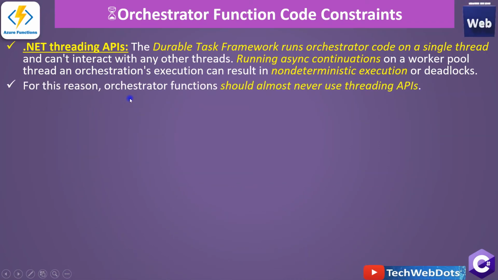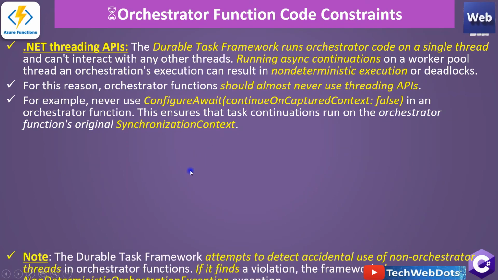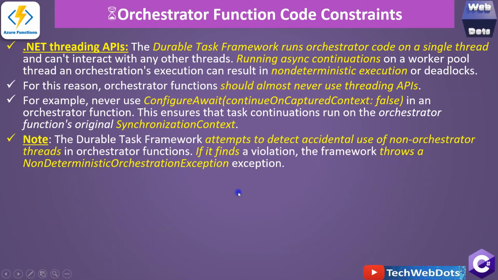For this reason, orchestrator functions should almost never use threading APIs. For example, never use ConfigureAwait, in which you can just continue on captured context false, in an orchestrator function. This ensures that the task continuations run on the orchestrator function's original synchronization context. Okay, so this is what you should always remember.